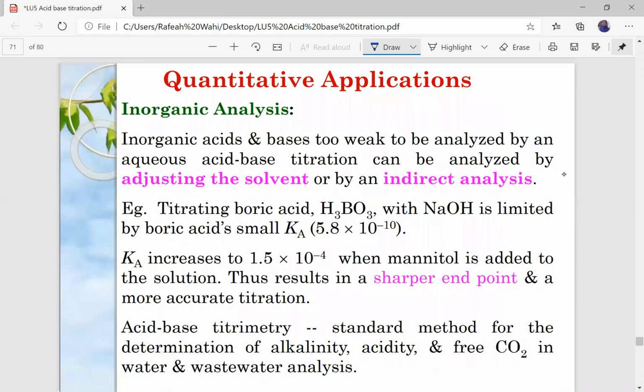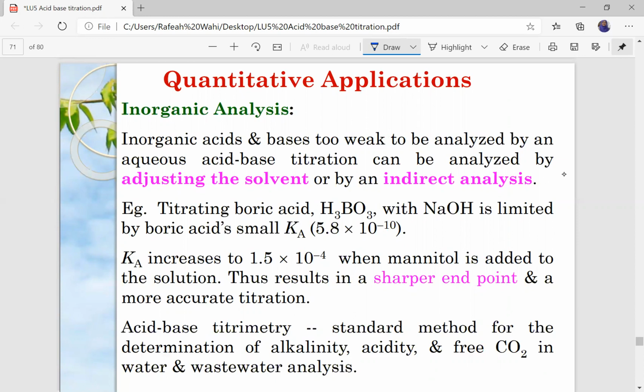Okay, these are some of the applications of titration process. Titration process can be used for inorganic analysis. Inorganic acids and bases too weak to be analyzed by an aqueous acid-base titration can be analyzed by adjusting the solvent or by indirect analysis.